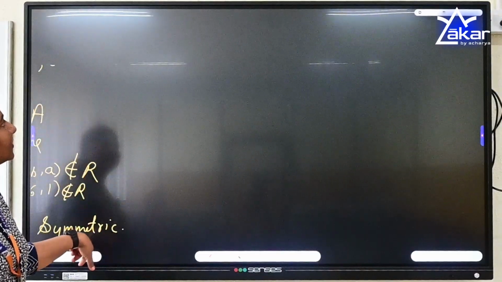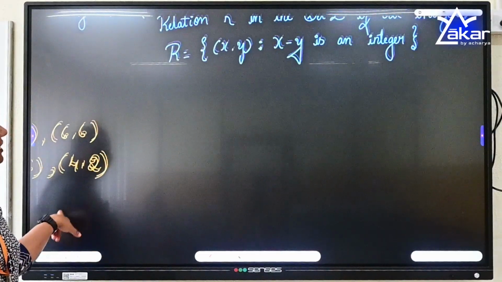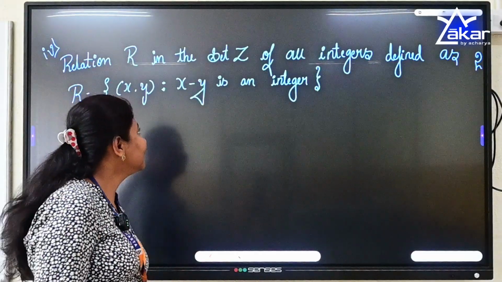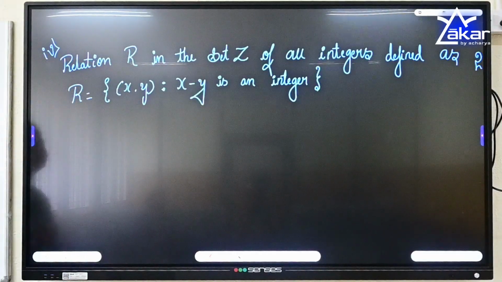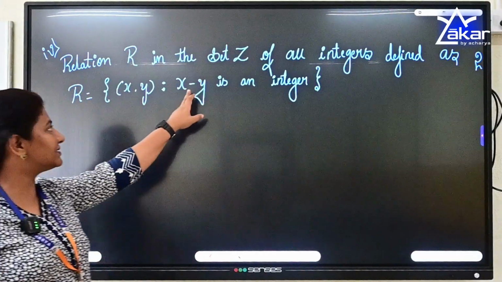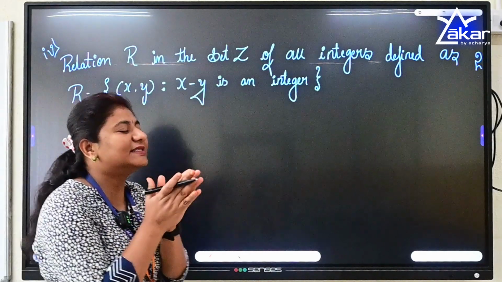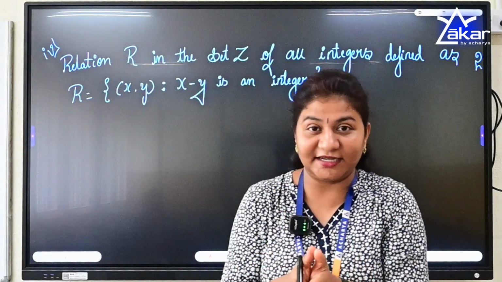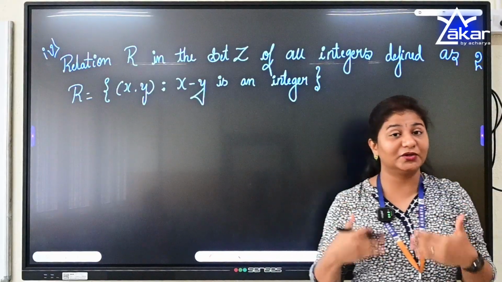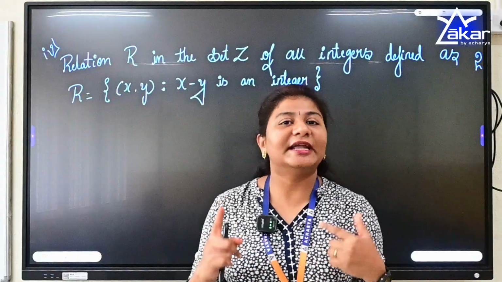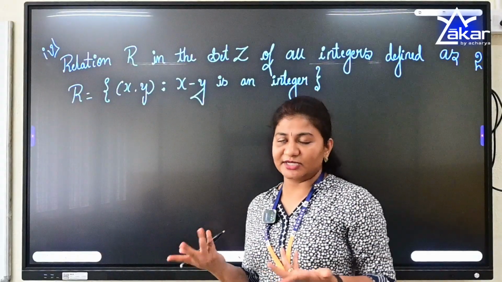So the next question is the fourth one. As you know, the relation R in the set of all integers, set A, is x minus y is an integer. So as it comes to an integer, what does it say? For every integer, whether you divide, multiply, add or subtract, it always gives an integer only.